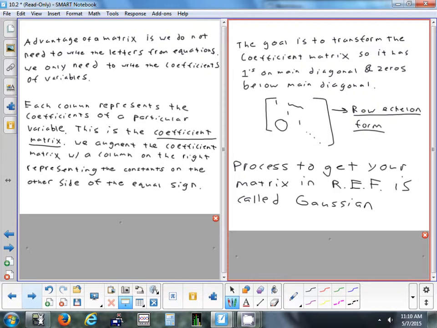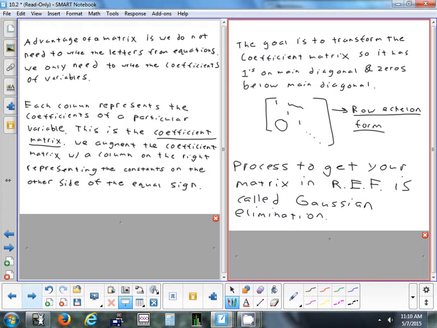It's called Gaussian elimination. So it's based on elimination, okay, what we learned yesterday. You're going to add multiples of one equation to another equation to try to get things to cancel out. Okay, Gaussian elimination is when you're doing it with a matrix and you get zeros below the main diagonal.